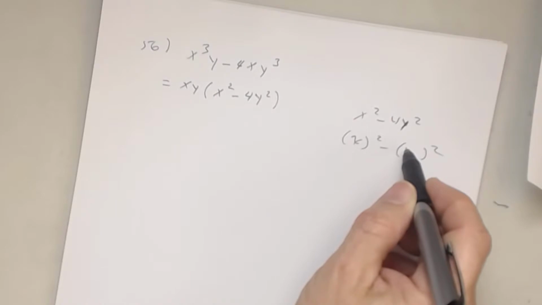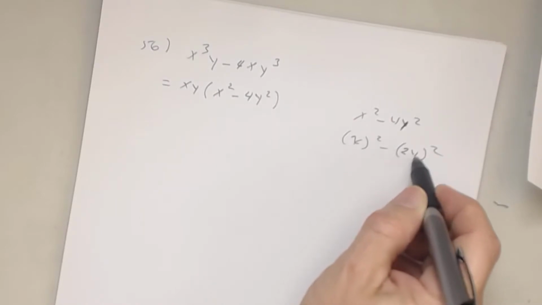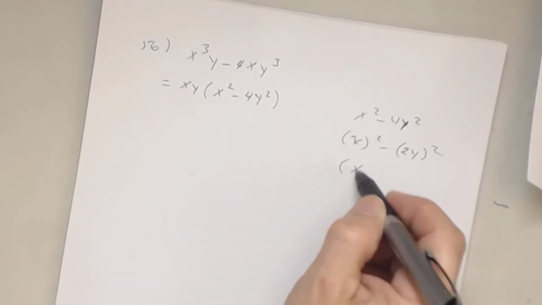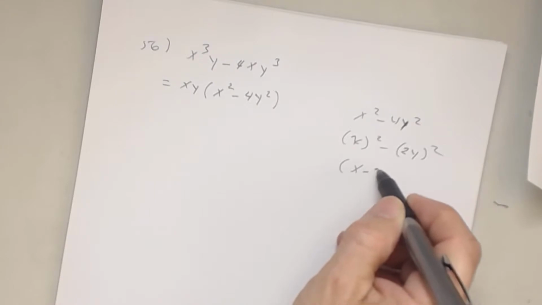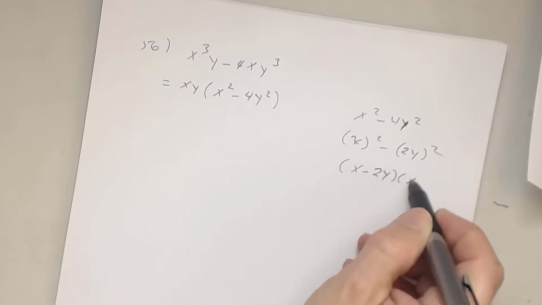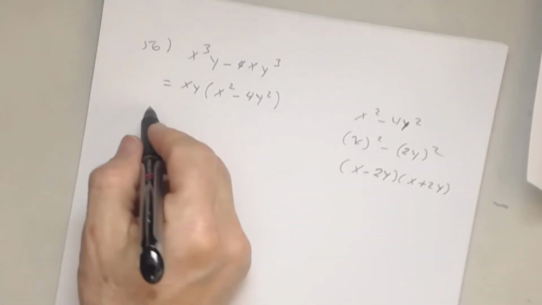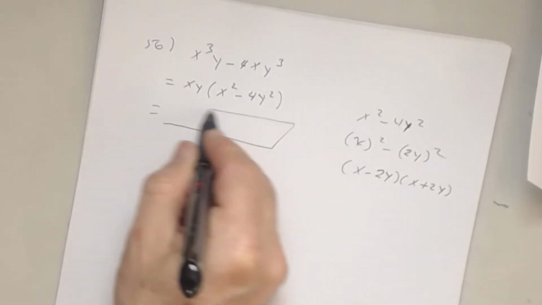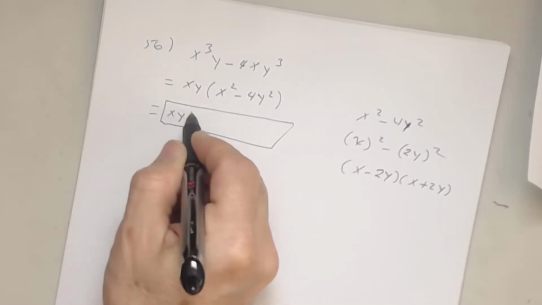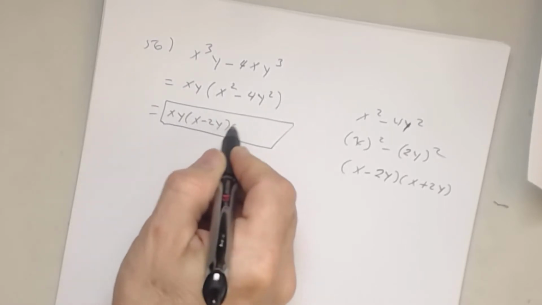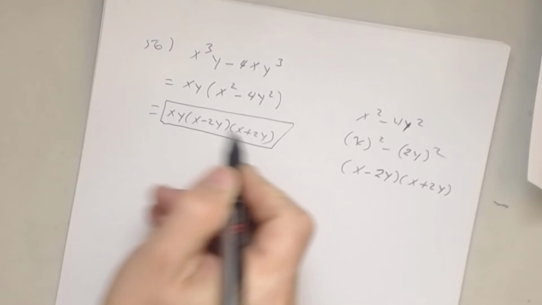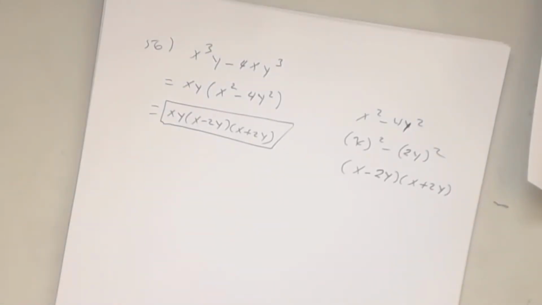What's going to go inside the second? 2y. So I can factor this as x minus 2y times x plus 2y, and that's going to go here. So my final answer is xy times x minus 2y times x plus 2y.